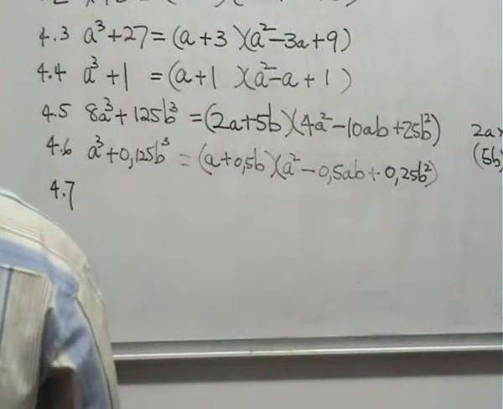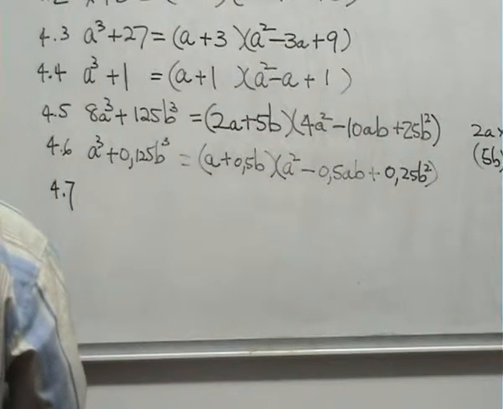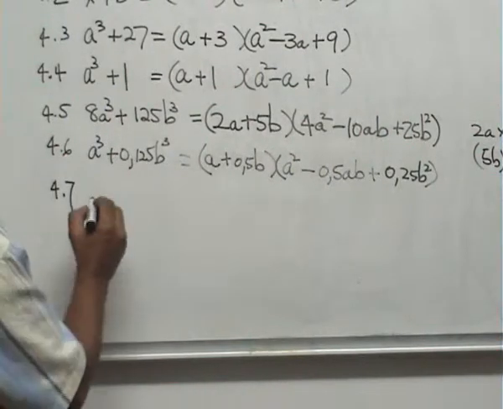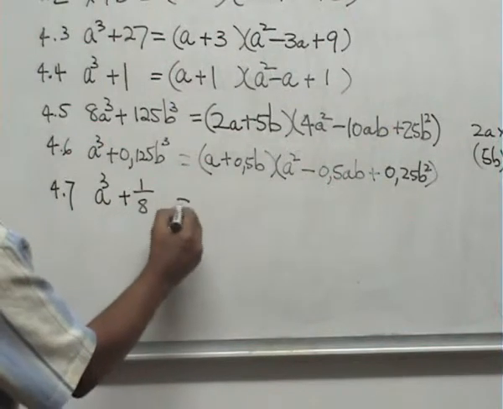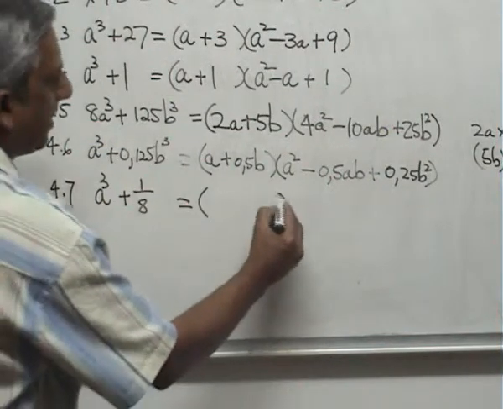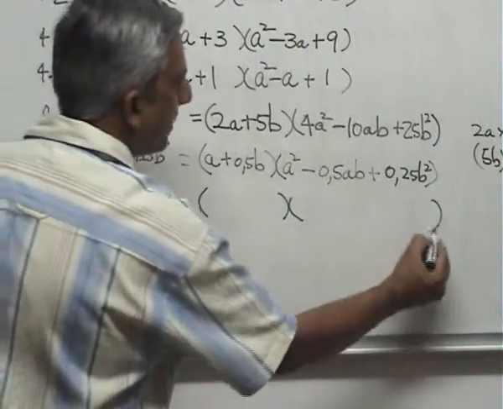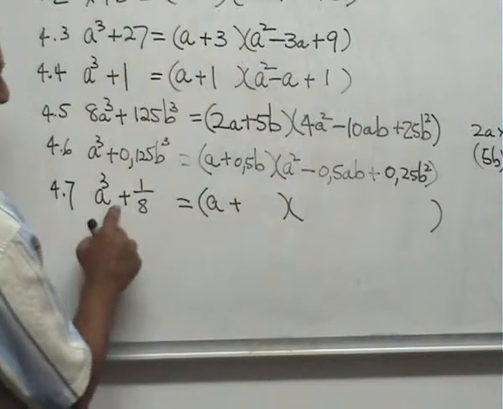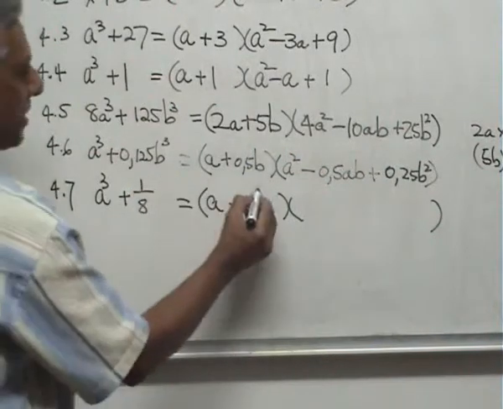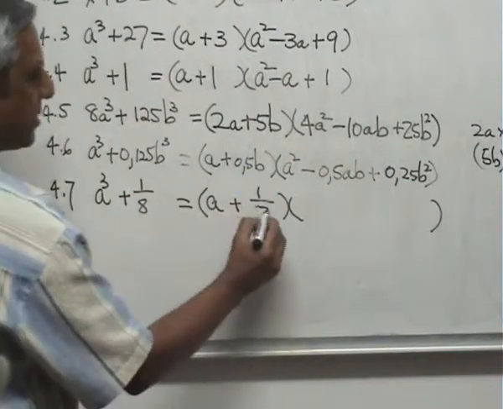4.7. a cubed plus 1 over 8. Well, one bracket here and another one there. A, this will be plus because it's plus. Cube root of 1 is 1. Cube root of 8 is 2.